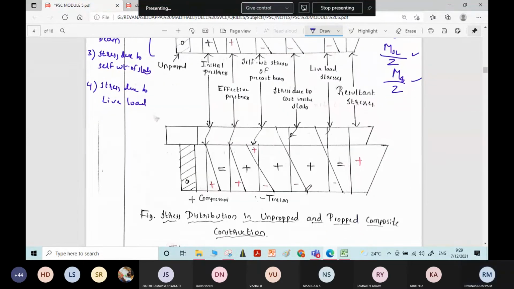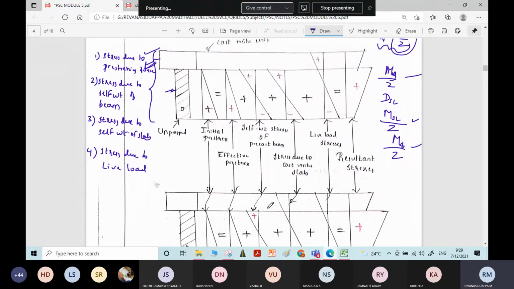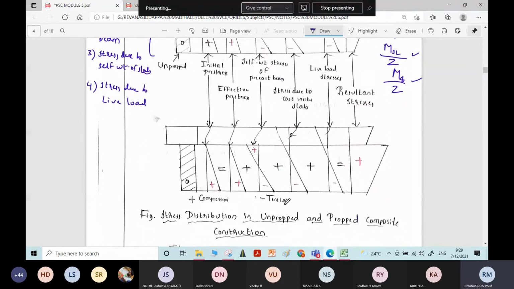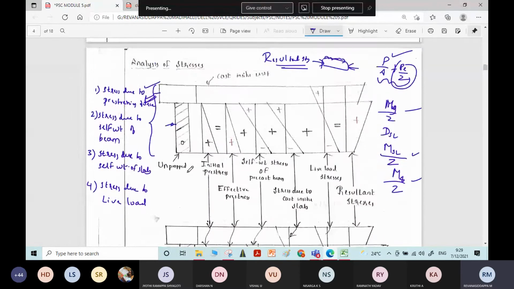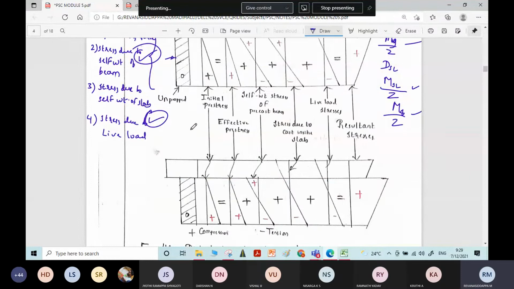here, see, the stresses due to the pre-stressing force, the stress due to the self weight of the beam, and the stress due to live load, all these three steps are the same as that of improper construction.